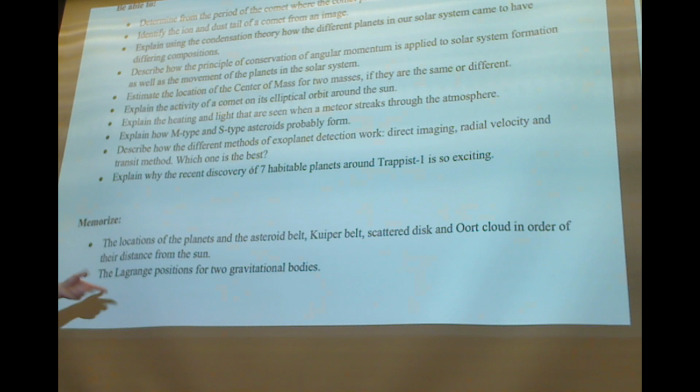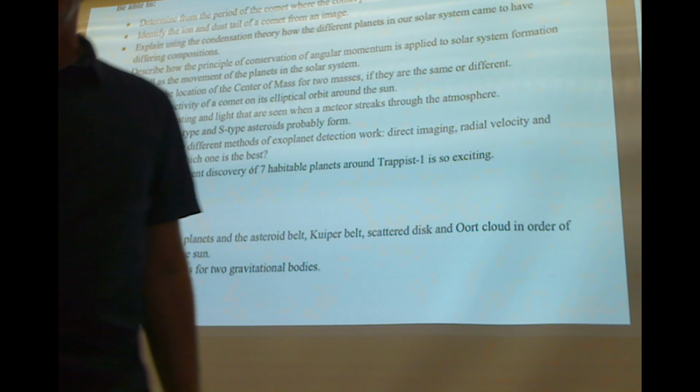Okay. The Lagrange points, which I already mentioned to you. Do you want to draw them, or do you remember? We just sketch them real quick, like you're supposed to just know. Which planet has Lagrange points? All of them, right? It has to do with a planet and the sun.